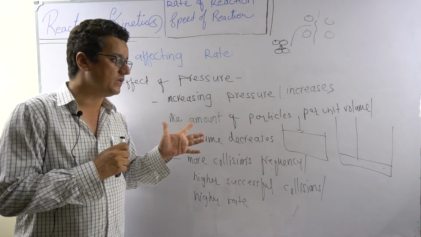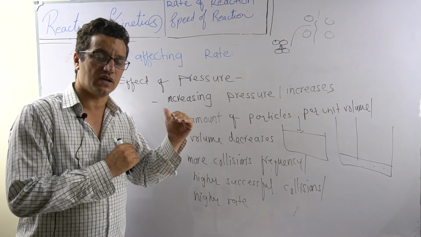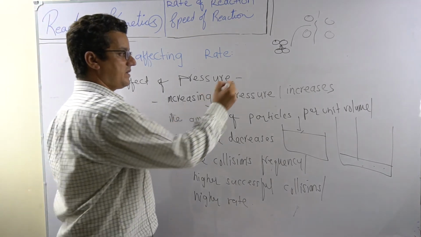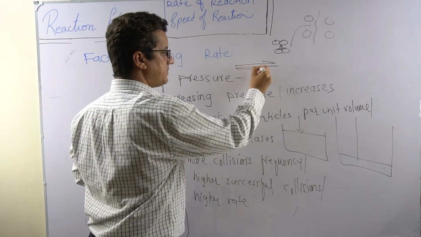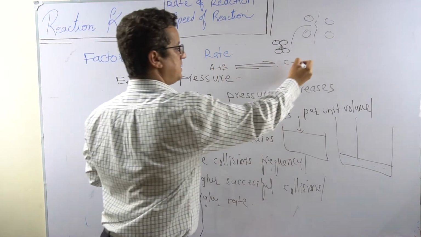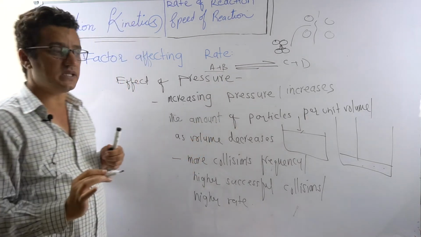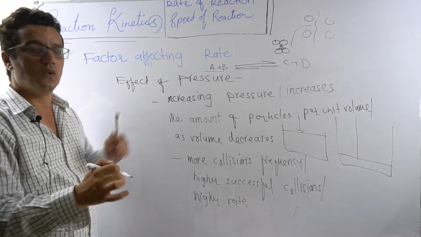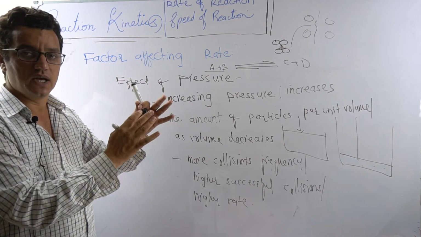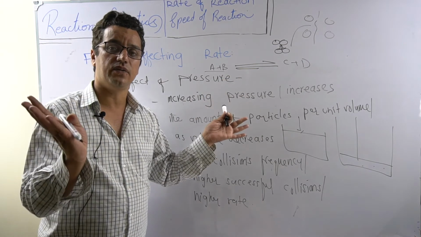We need to be careful if we want to improve the rate of reaction, whether it is a forward reaction or backward reaction, pressure will have equal effect. Remember, even in a reversible reaction, A plus B changes to C plus D, an increase in pressure will decrease volume, and more particles come across face to face. It means more collisions are possible, because when gases are at lesser pressure, particles are far off.